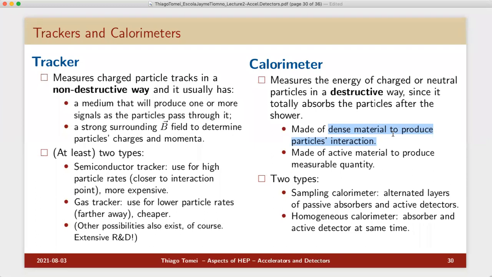And you need something active to either shine or produce a measurement, an electric measurement of some sort. These two materials may not need to be the same. So you can have what's called a sampling calorimeter, where you have layers of something to absorb and something to detect. Or you can have a homogeneous calorimeter where you have one material that plays the two roles.